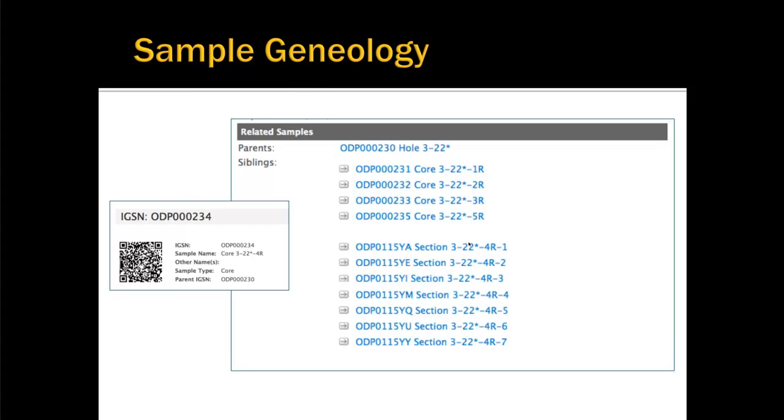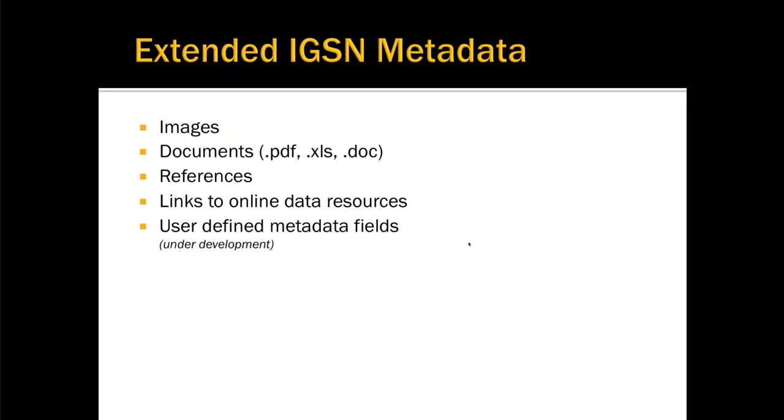This is an example for such a sample genealogy for an ODP core showing its parent, which is a hole, siblings, which are other cores that come from this hole, and then the children being 7 different sections. And when you would click on the section IGSN here, you would see further down hierarchies of section half and the samples taken from those section halves.